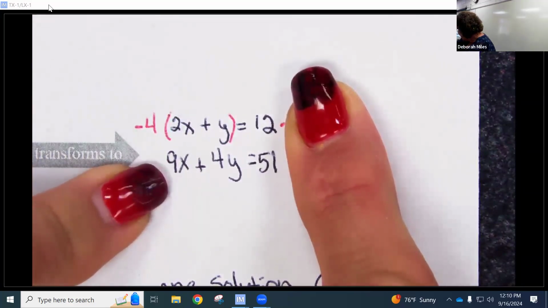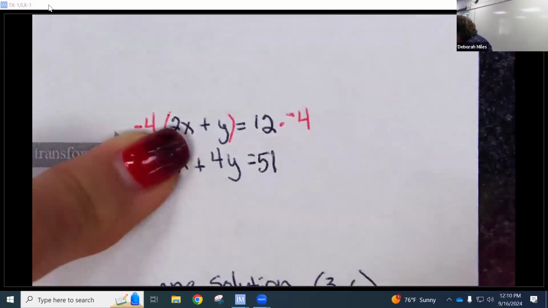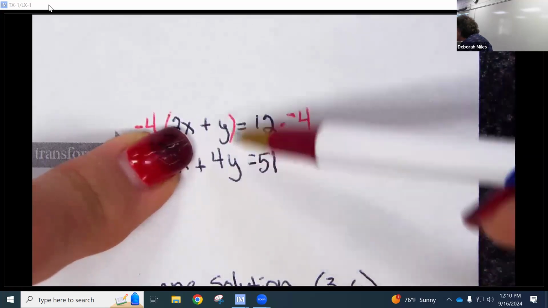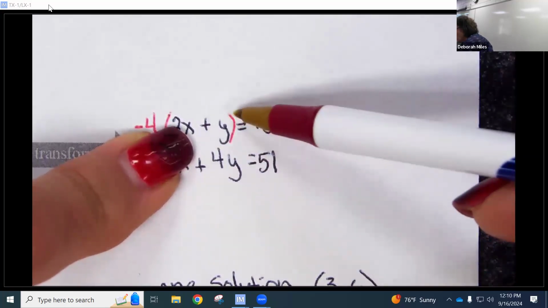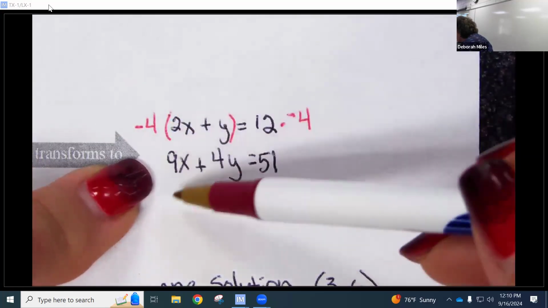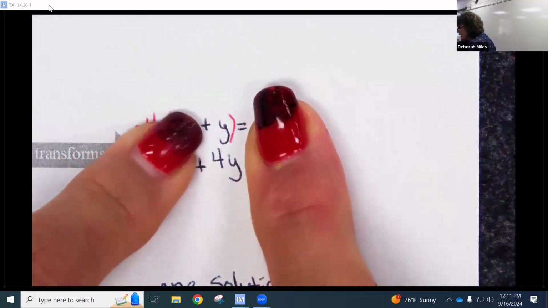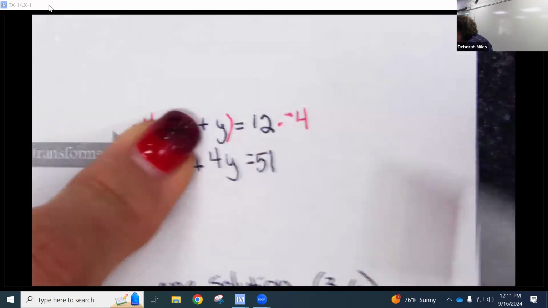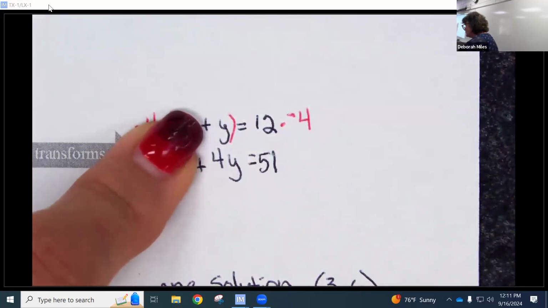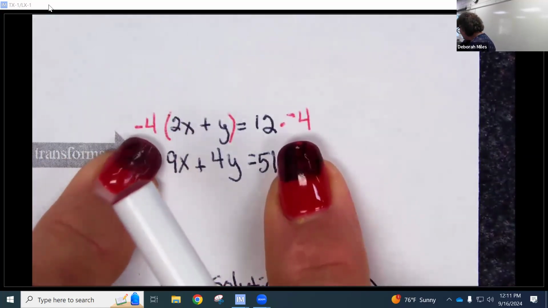That'd be 4.5. Or what can I multiply by 1 to make it 4? It's easier to figure out what to multiply by 1 to make it 4 than it is what do you multiply by 2 to make it 9. So that's where the 4 came from, except if I multiply by +4, I'd have a +4y and a +4y. Those wouldn't eliminate. And that's why I had to multiply by -4.